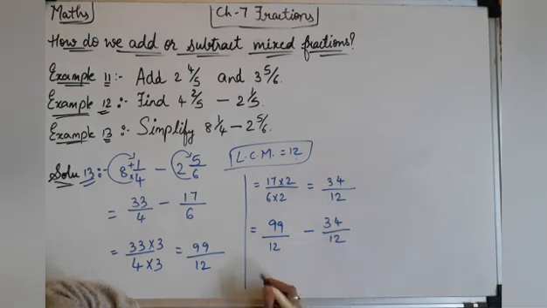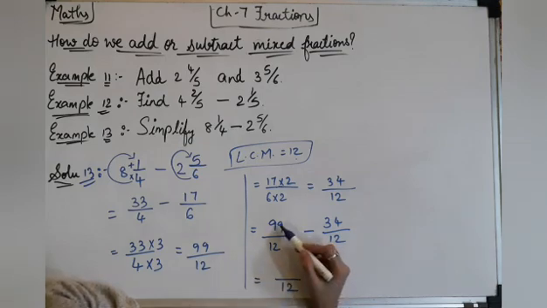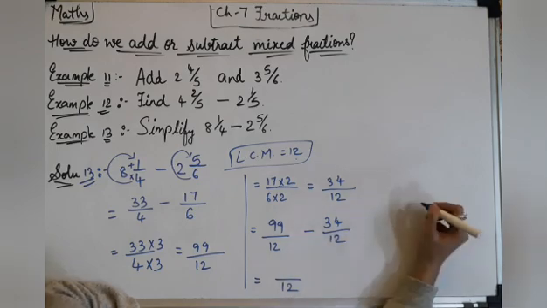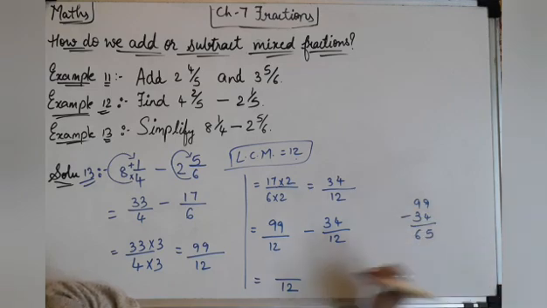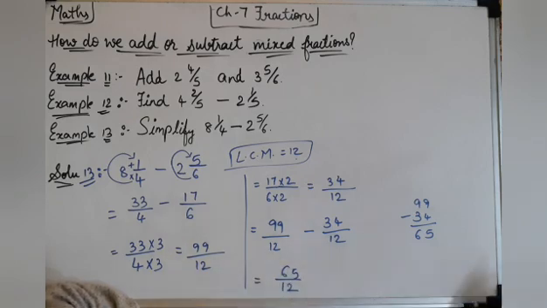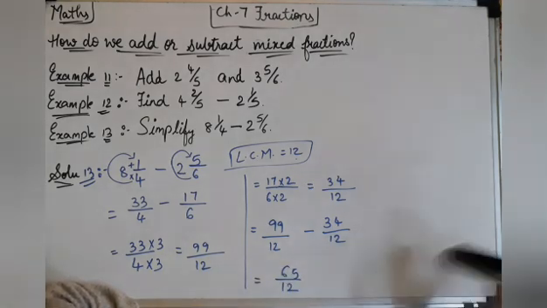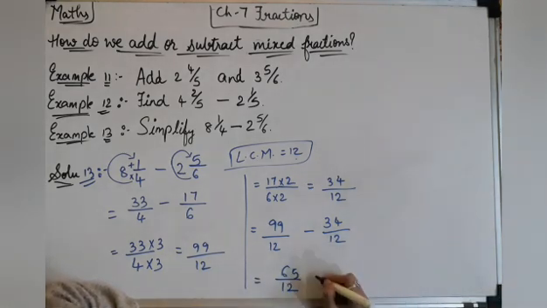Denominators are same, we got the same denominator, like fraction. Now it is easy to subtract: 99 minus 34. 9 minus 4 is 5 and 9 minus 3 is 6. So 65. Now as the question is given in the mixed fraction, we have to convert into the mixed fraction. So the formula is quotient, remainder upon divisor.